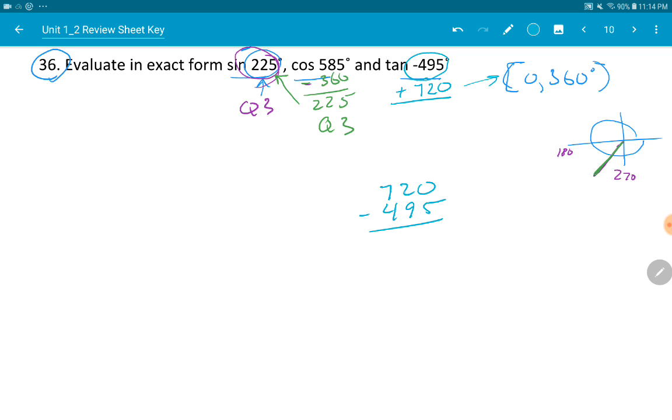And I get 225 again. So 225 again is coterminal with those first two angles. So all three angles are coterminal. So all in at 225 in that third quadrant.